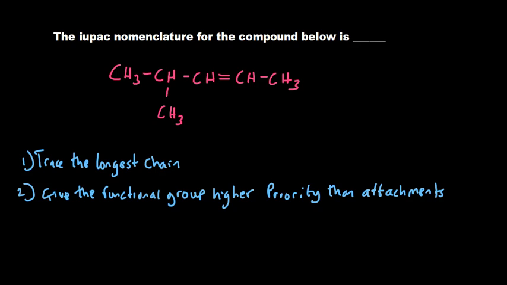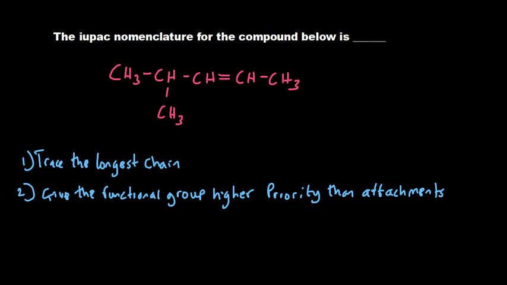Now, we would see the application of these two little points that I've given to you. If you effectively follow these two small points, naming of organic compounds will not be difficult for you at all. The first thing to do is to trace the longest chain, and actually I can cite two chains here.